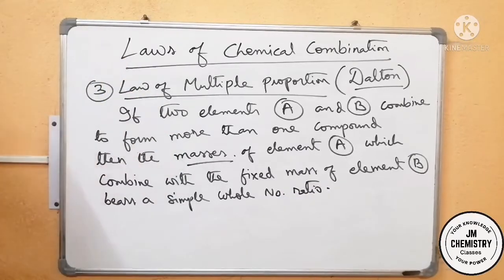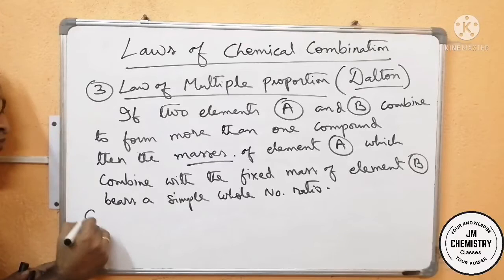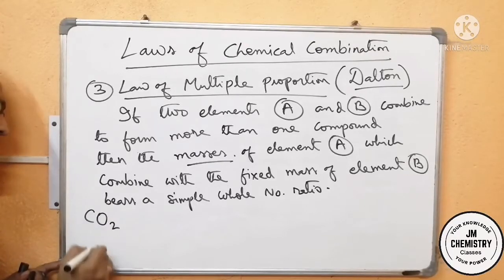Okay. So what does it say? If two elements A and B combine to form more than one compound, then the masses of element A which combine with the fixed mass of element B bears a simple whole number ratio. For example, consider the element carbon and oxygen. This carbon and oxygen, they combine to form two compounds, carbon dioxide and carbon monoxide.